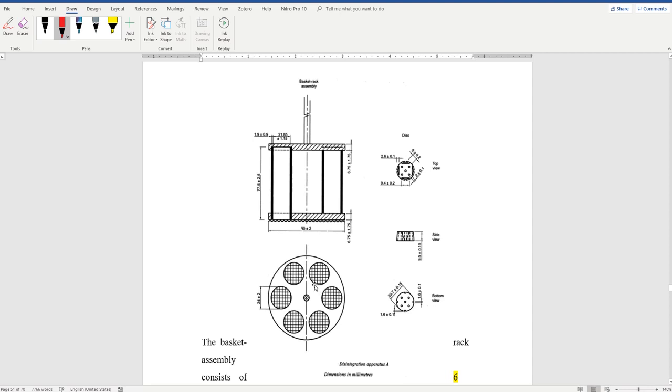Now, in case of capsules, let's say you are putting capsules instead of tablets, sometimes the shell of the capsule will stick. If the shell sticks to the mesh, that does not mean there is a failure of disintegration, because we are not concerned with the shell itself, which will be sticky in the medium. So it might stick.